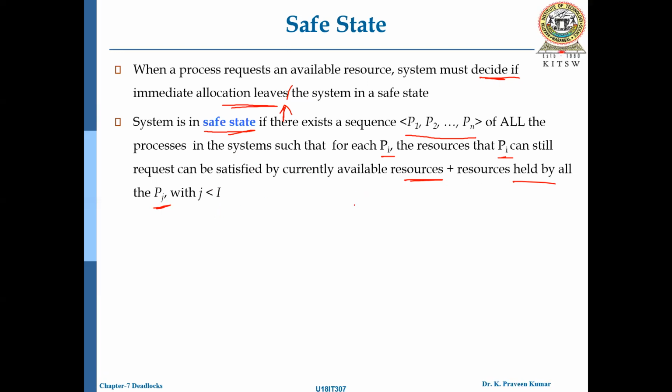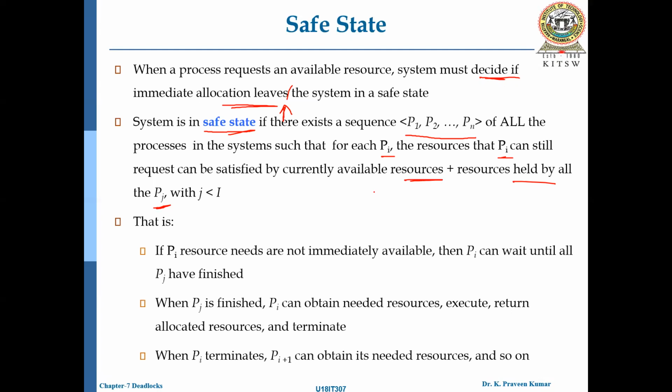So a process already has a number of resources, and if it is still requesting some other resources, if the CPU allocates those resources also, we have to decide whether that will lead the system to a deadlock state or a safe state. How can that be achieved?